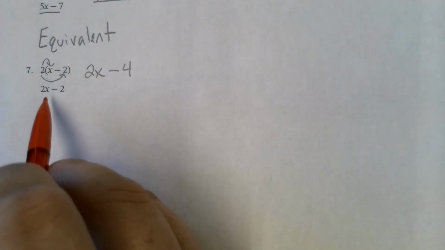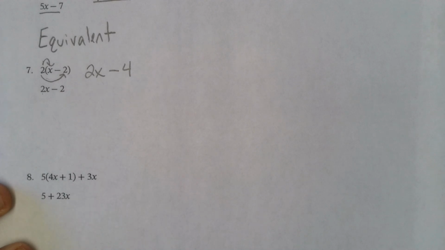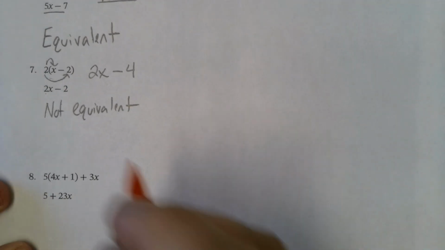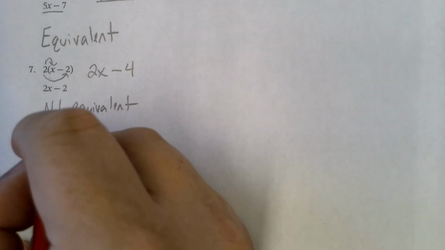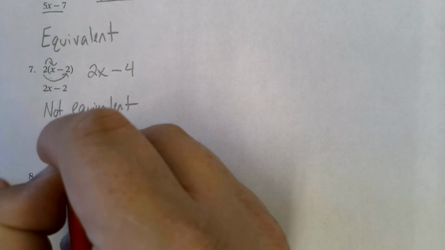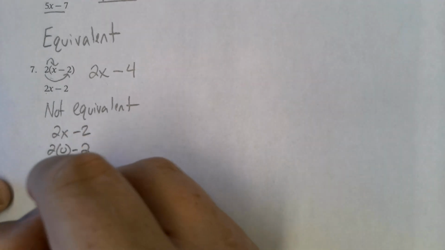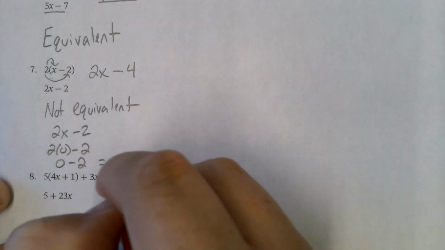Well, 2x minus 4 and 2x minus 2, those are not the same. Okay, so these are not equivalent. So if I put 0 in for both of these, 2x minus 2, I put 2 times 0 minus 2, that's 0 minus 2, which is negative 2.